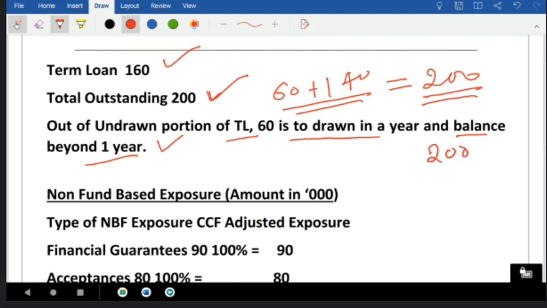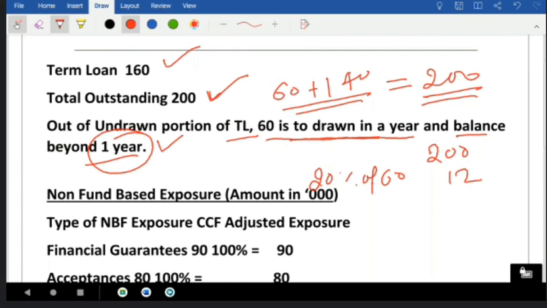Now 60 is to be drawn in a year, that means 20% of 60. How much will you get? 12. Then 140, the balance beyond 1 year, that means 140 is left.